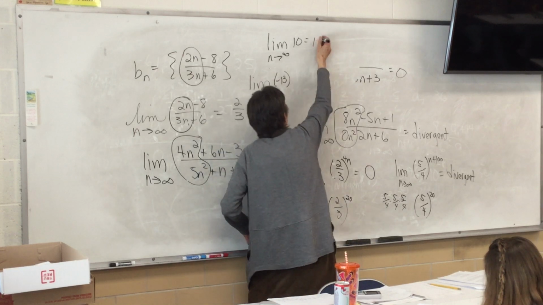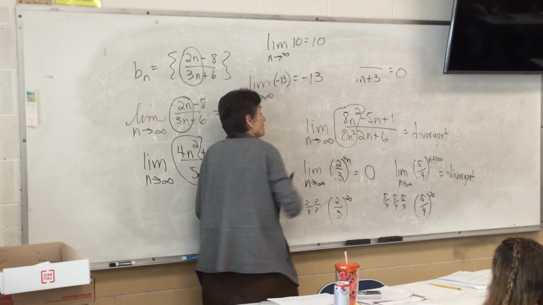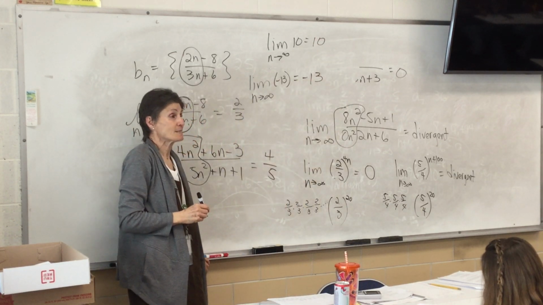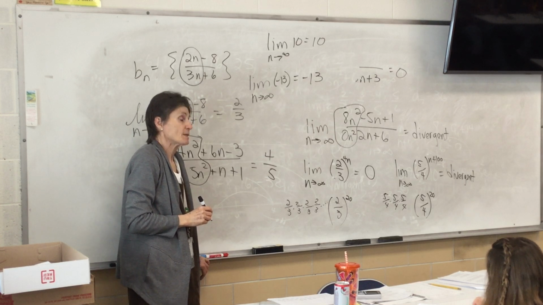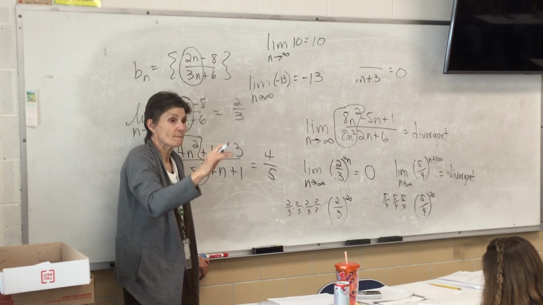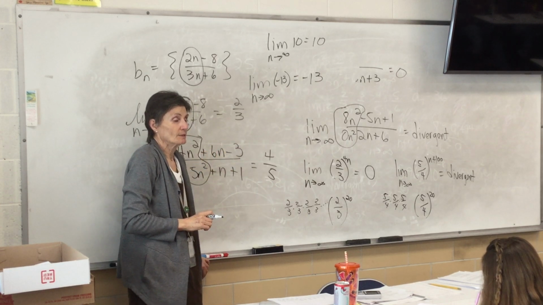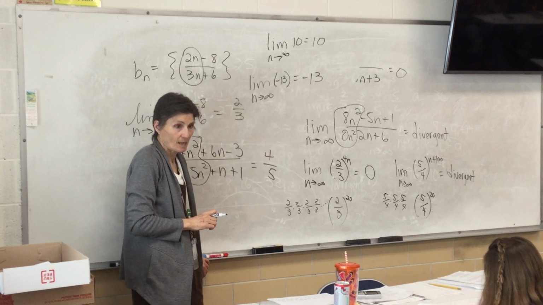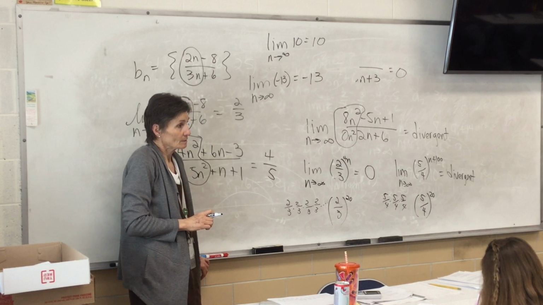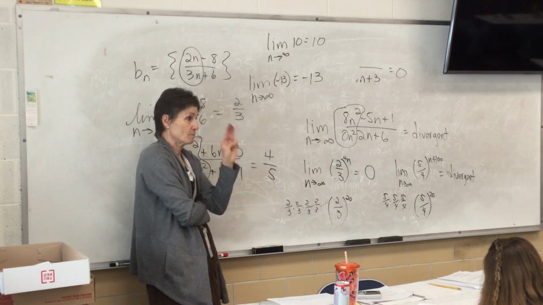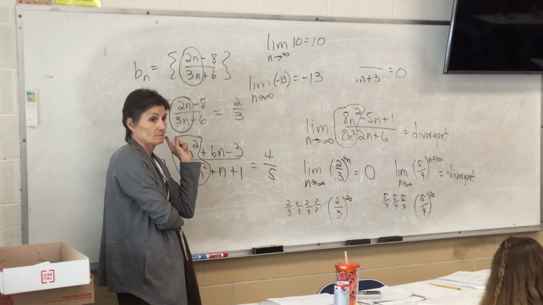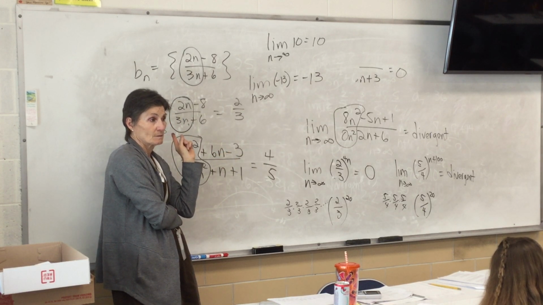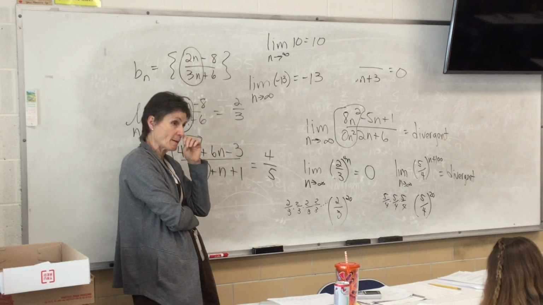The number. So the limit of a constant is the constant. You're thinking that's kind of dumb, Mrs. Ford. Trust me, you'll use that concept. So there are 3 kinds of limit problems you need to be ready to address. Anybody have any question about that?